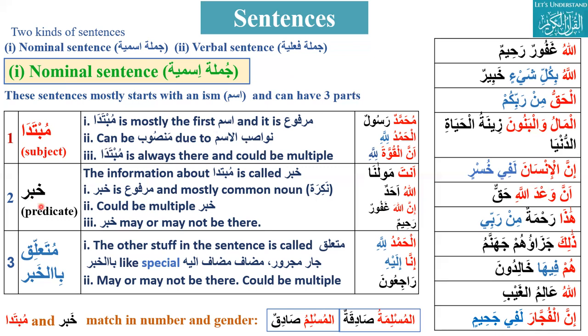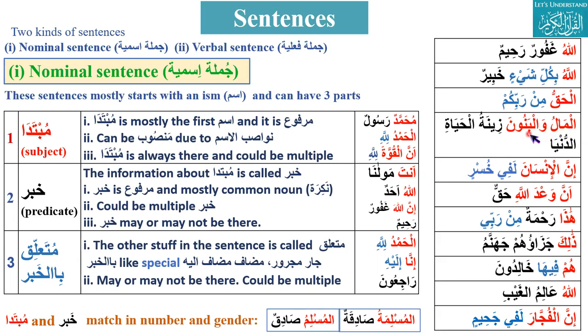Khabar is marfu and mostly a common noun. It could be multiple, and it may or may not be there. The third part is muta'alliq bil khabar, and this is other stuff in the sentence, like jar majroor or mudaf ilayh. It may or may not be there, and they could be multiple as well.